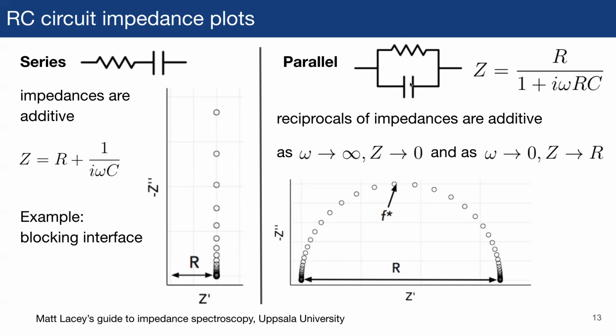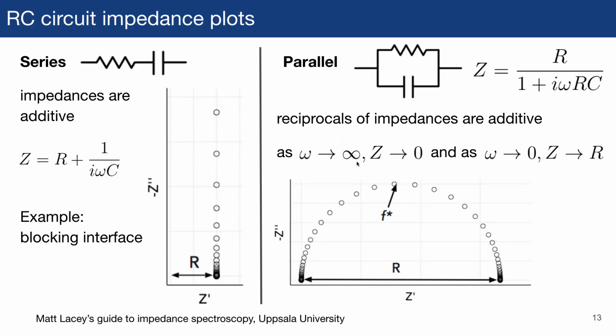Now, on the other side, as we go to very low frequencies, our capacitor is going to fill up and effectively block any sort of charge transfer across that value. So what we have at very low frequencies is our current basically entirely going through our resistor. And we can see that at very low frequencies, we have a resistance of R. Now, in between those values, you basically end up with a sort of balance between the two.